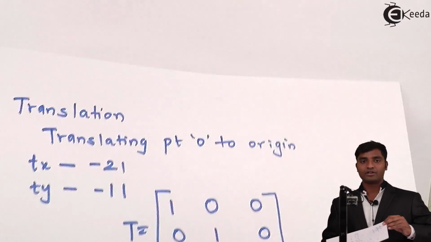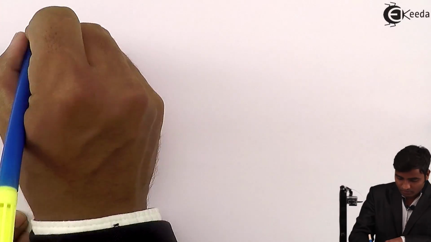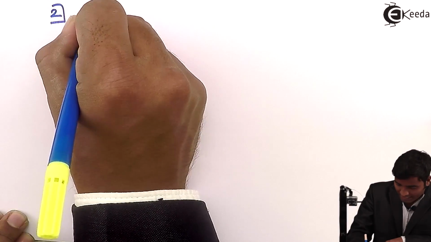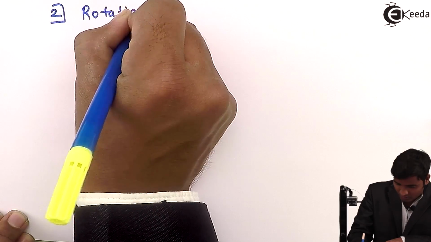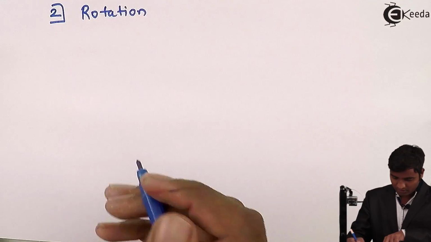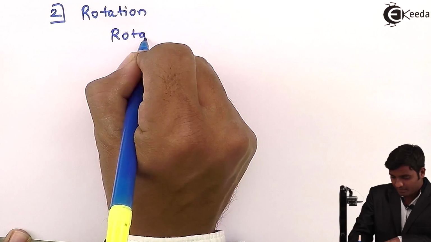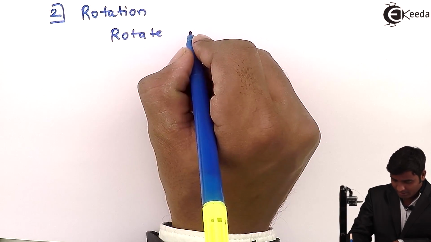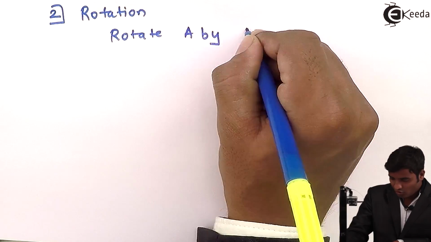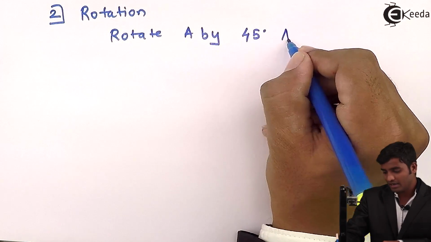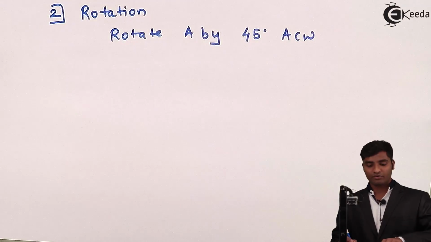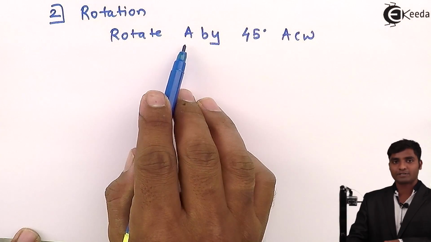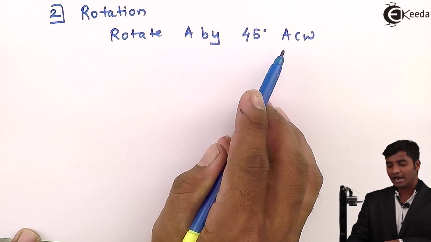Now we will do the rotation transformation. The second transformation is rotation, that is, rotate point A by 45 degrees anti-clockwise.